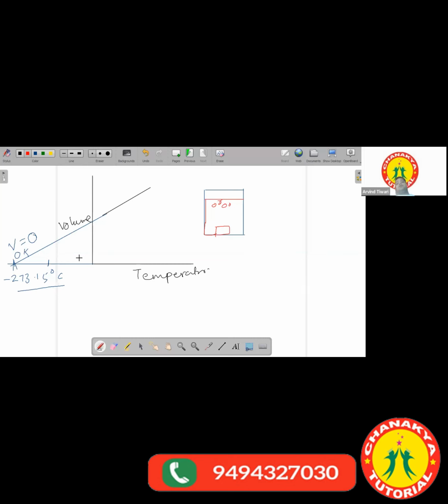So if you try to reach minus 273 degrees, before that the substance will become a superconductor. So it is something which cannot be reached. Even where there is no sunlight reaching, you will not be able to find a temperature of minus 273.15.